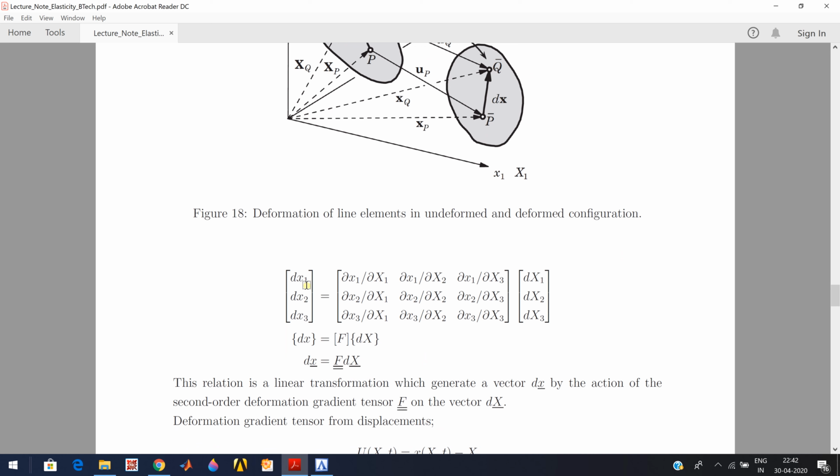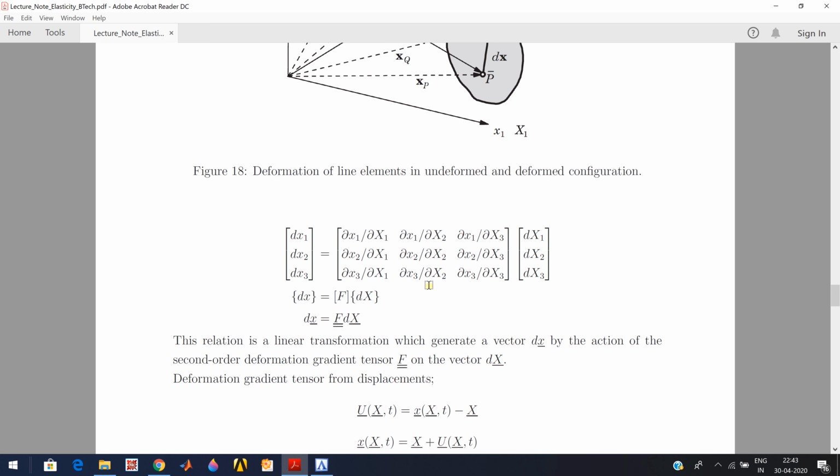So dx1, dx2, dx3 is a column matrix which is equal to this 3 by 3 matrix times a column matrix d capital X1, d capital X2, and d capital X3. So this is the vector of the line element d small x, and the extreme right is the line element d capital X, and that inside matrix is the matrix F, which is the deformation gradient tensor.